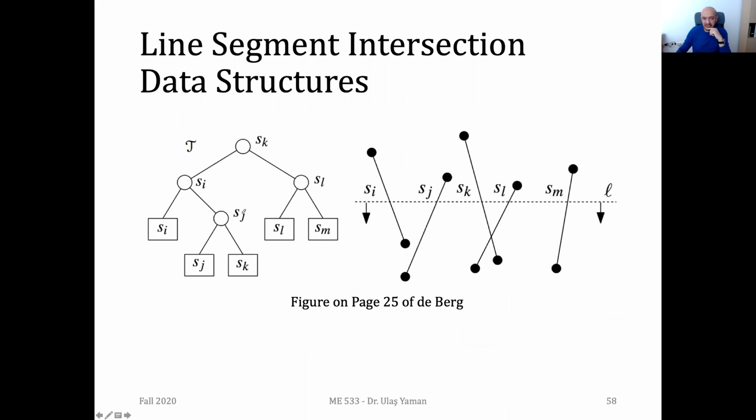And without using a data structure, you can write manually that the status data structure should be in this order: I, J, K, L, and M, right? And if you look at this balanced binary search tree, you can see that while we go from left to right, I, J, K, L, and M, right? This is exactly what we have written here, I, J, K, L, M.